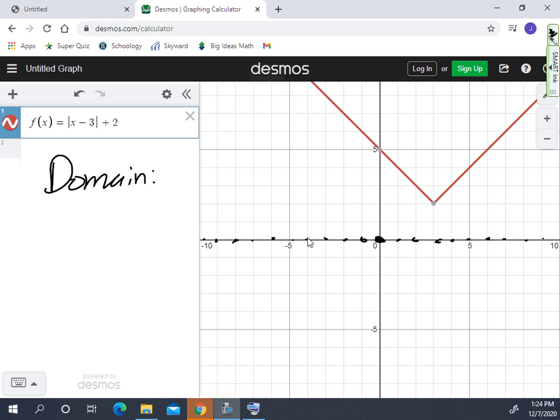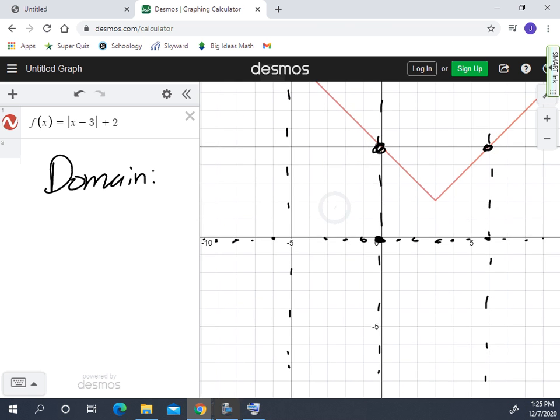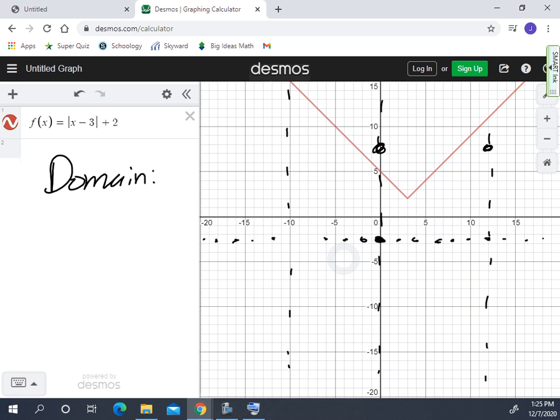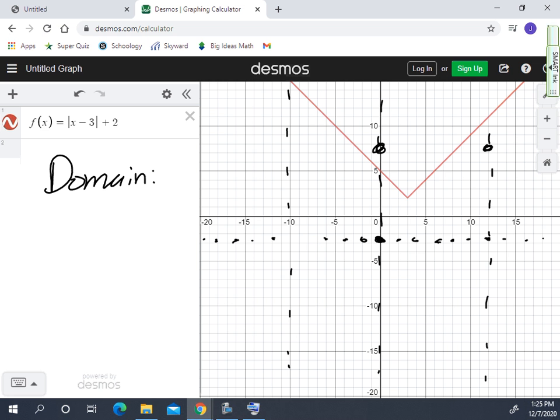At what points, if I say 0, is there a point at 0? Well, yeah, it's at 0, 5. What about like 6, for example? If I plugged 6 in, will I get a value? Yeah, for sure. What if I said negative 5? Let's zoom out here. And at negative 5, yeah, there's a point.